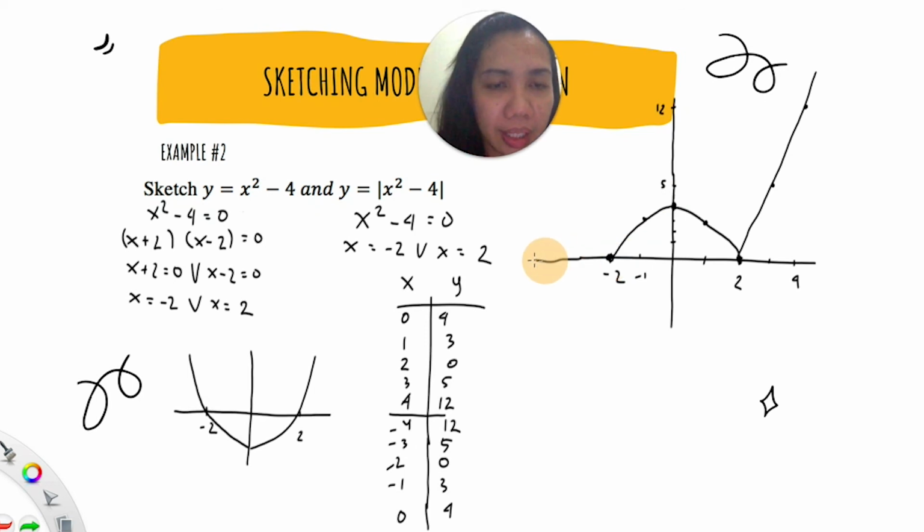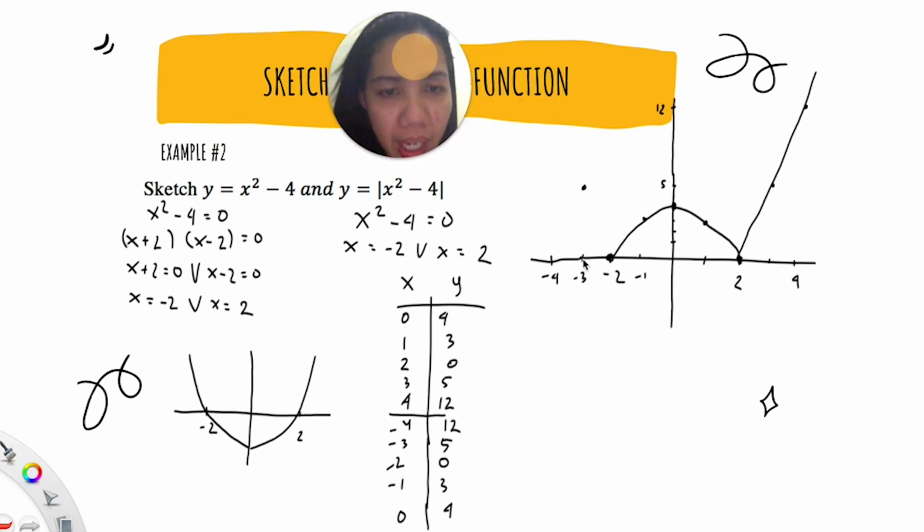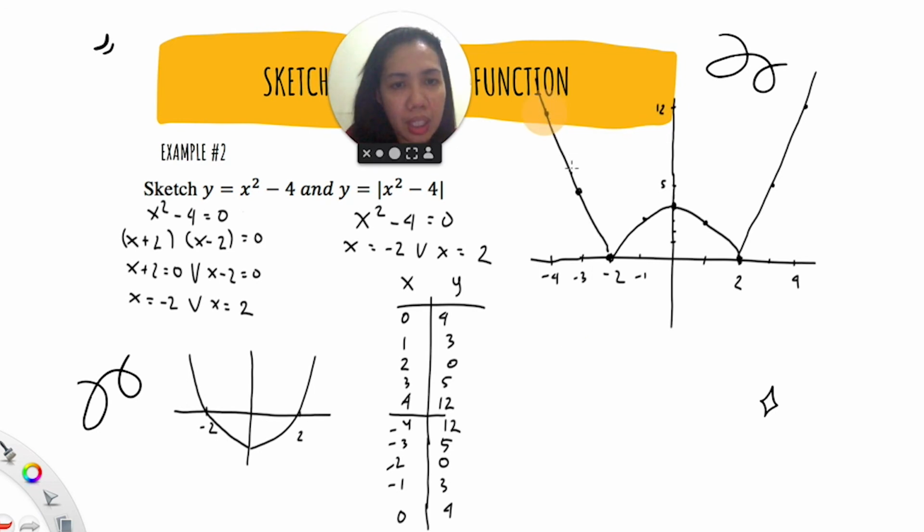This is minus 3, this is minus 4. Minus 3 comma 5, so here we have 5, and the point here. And then minus 4 comma 12. This is minus 4, this is 12. We can draw a line like this.